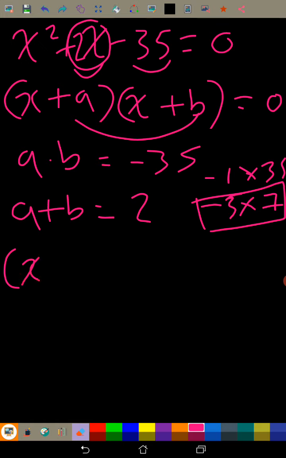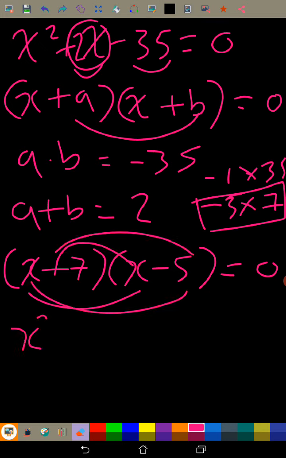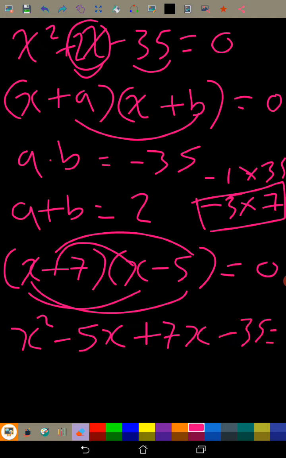I have x plus 7 and then x minus 5. So if I do like this, I will expand this. So x squared minus 5x plus 7x, yeah, minus 35 is equal to 0.